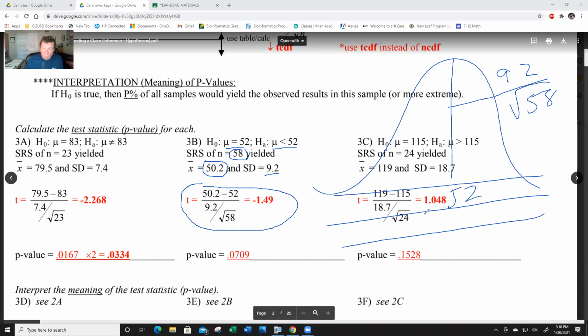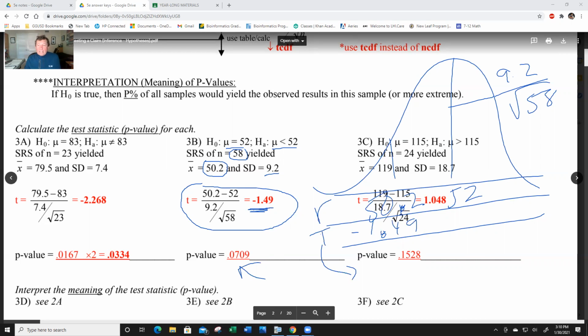And then the statistic was 50.2. And then if you calculate that, 50.2 minus 52 divided by the standard error, you'll get a t-score. Remember, raw score, z, or I'll put t this time. It's negative 1.49, right? Okay. And then I'm going to convert that to a p-value. We're going to convert that.